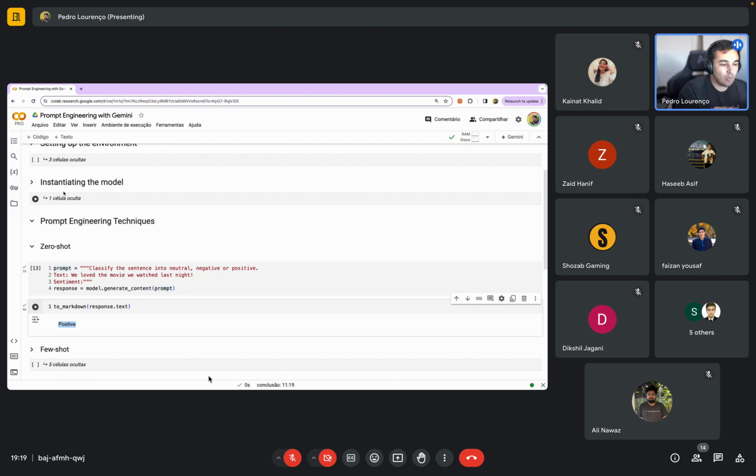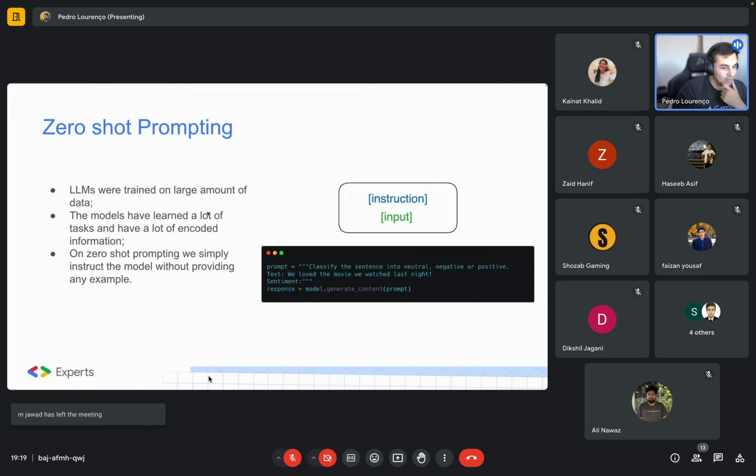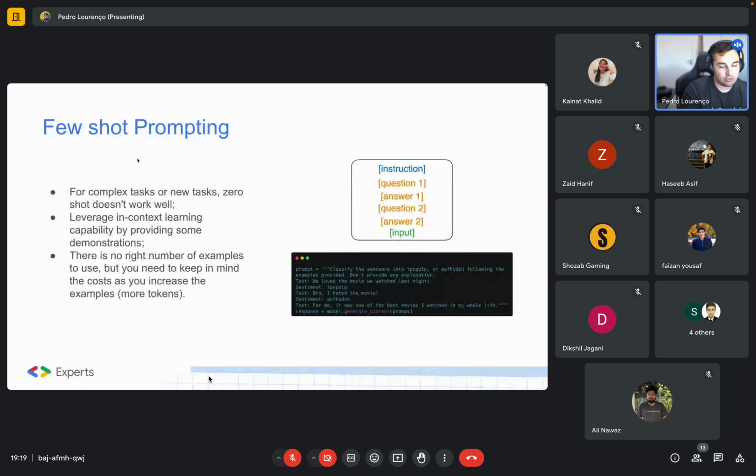And then you have the next version that is called the few-shot prompt. The few-shot prompt is kind of a zero-shot with steroids. So it's very useful for complex tasks or new tasks where zero-shot doesn't work well. We leverage the in-context learning capability of the large language models. So what is in-context learning?